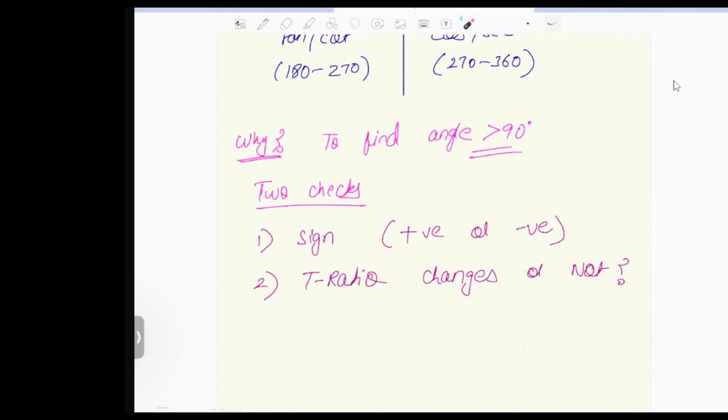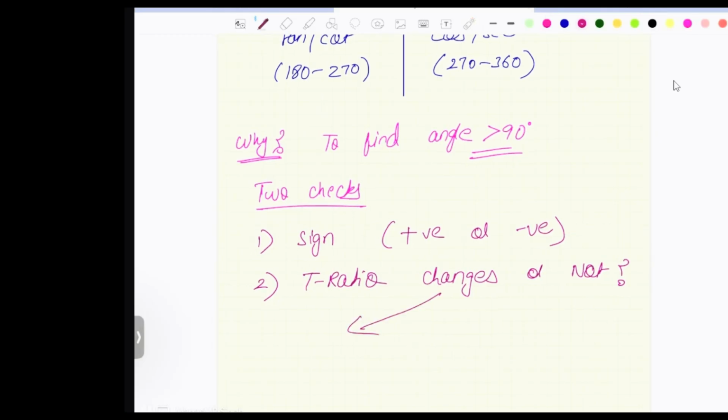T ratio will change if you have 90 plus alpha or 270 plus minus alpha. In these two conditions, T ratio changes.